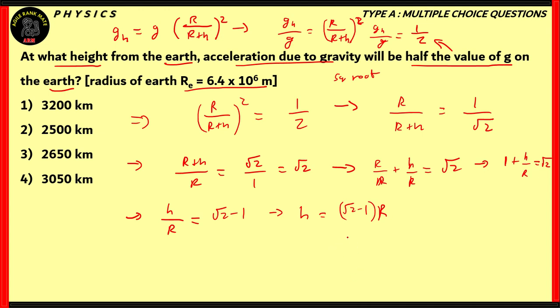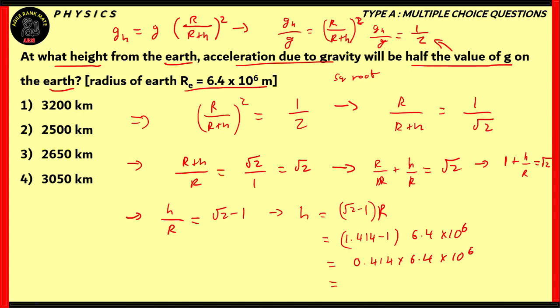So all we have to do is substitute the values here. So root 2 is approximately equal to 1.414, and r is given as 6.4 into 10 to the power 6. So 1.414 minus 1 is of course 0.414 times 6.4 into 10 to the power 6.